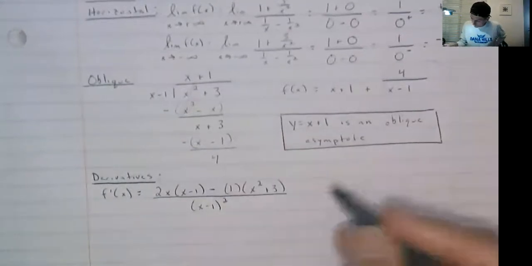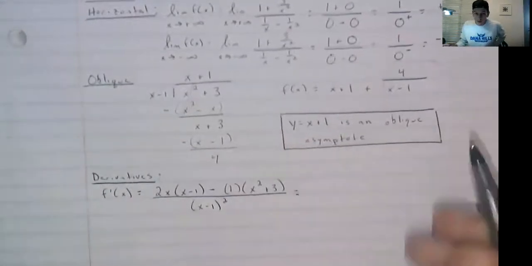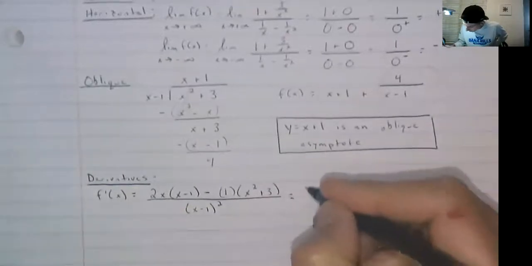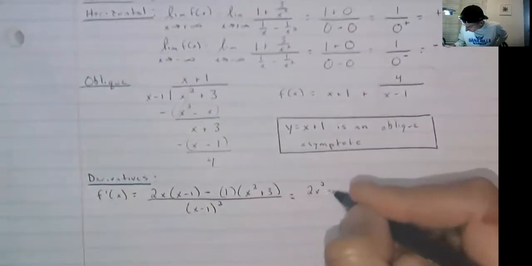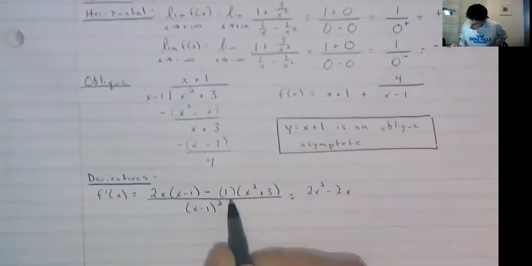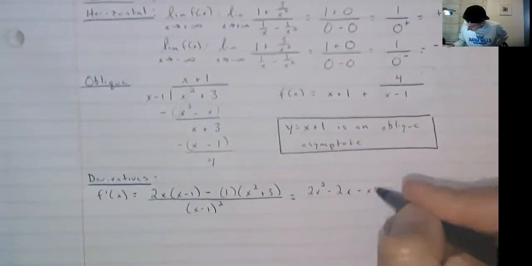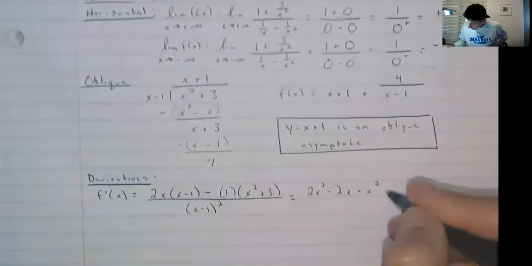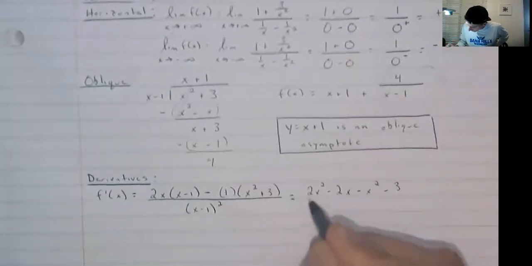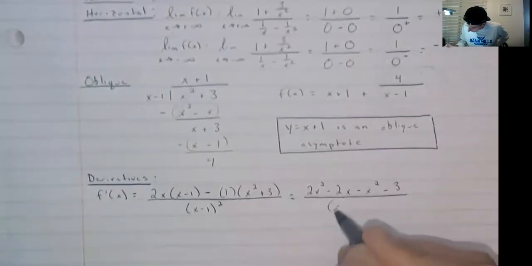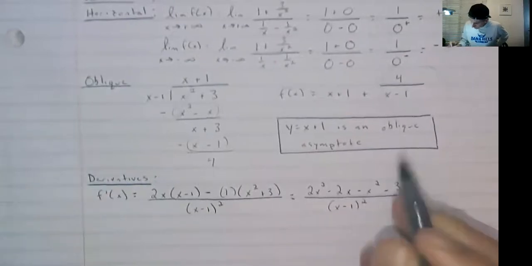Okay, let's do some distribution. 2x squared minus 2x minus x squared minus 3, if we did that right, over x minus 1 squared.